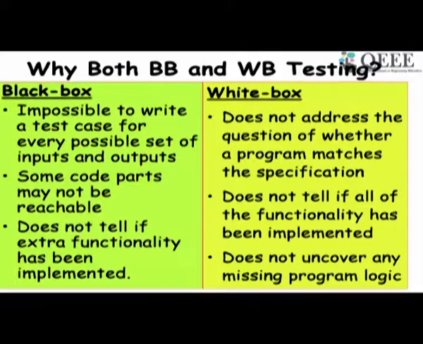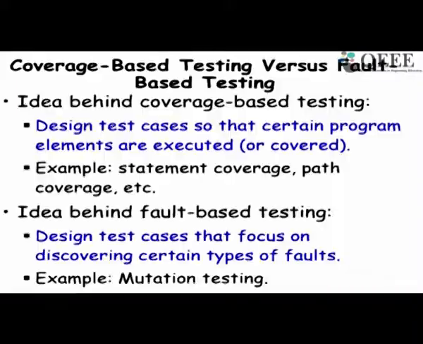So there may be a bug in some specific combination which we may not be able to detect by black box testing. That is, some statement, if it gets executed under some conditions, there will be a problem. So we have already seen what coverage based testing and fault based testing are.